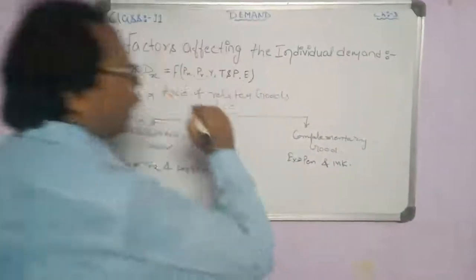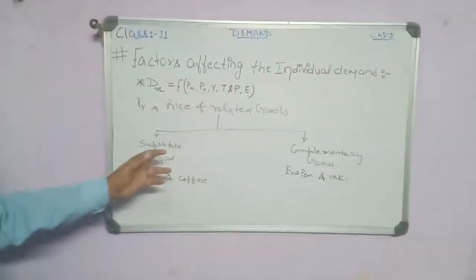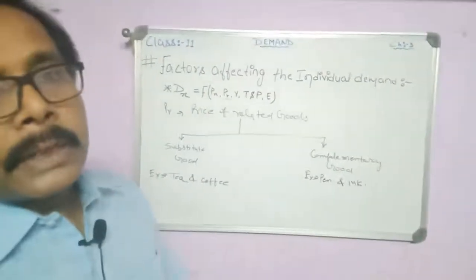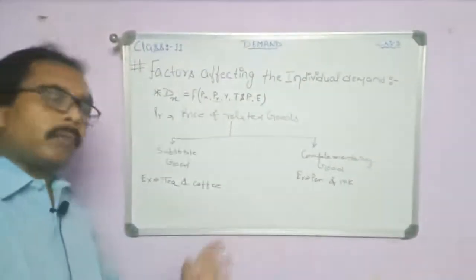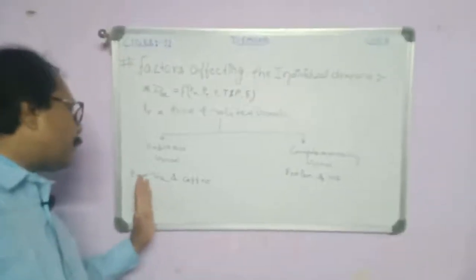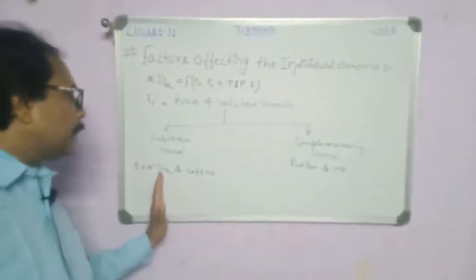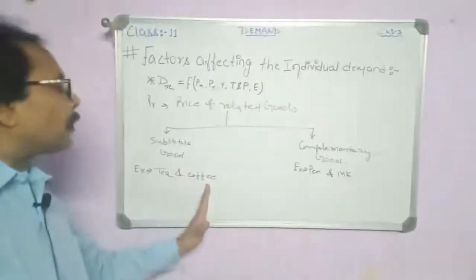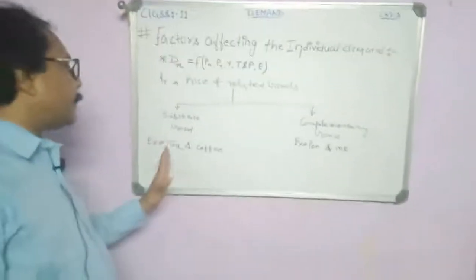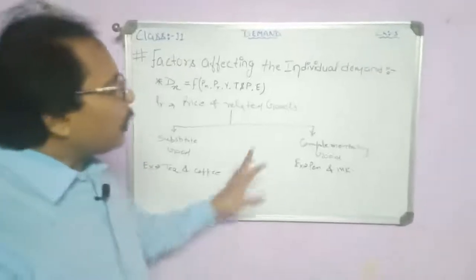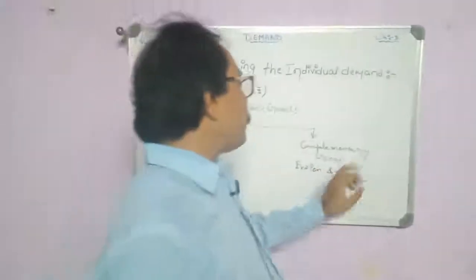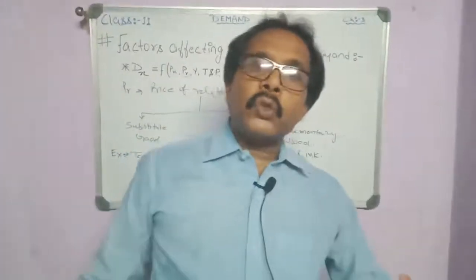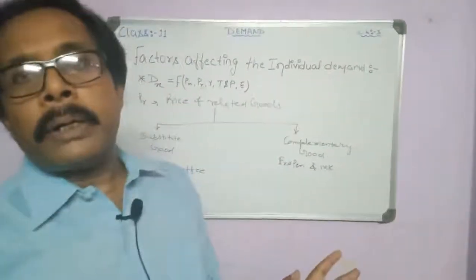Now once again I define it. First, substitute goods are those goods which can be used in place of one another. So if the price of tea increases, people will move towards coffee, and if the price of coffee increases, people will move towards tea. On the other hand, complementary goods are those goods which jointly satisfy human needs.